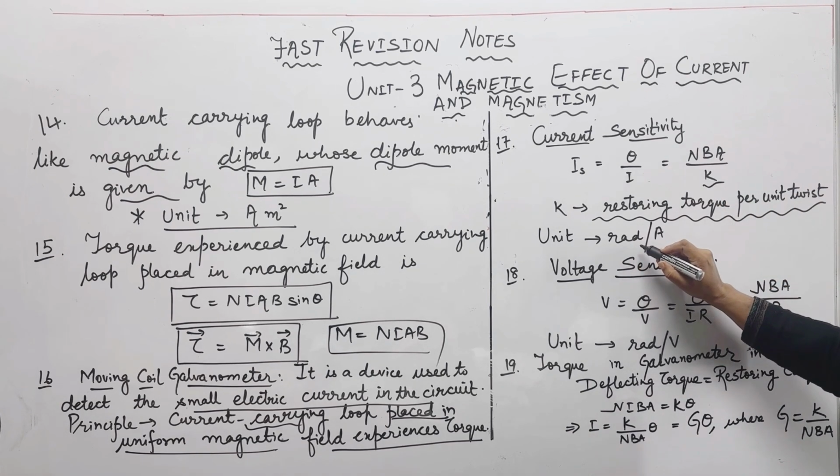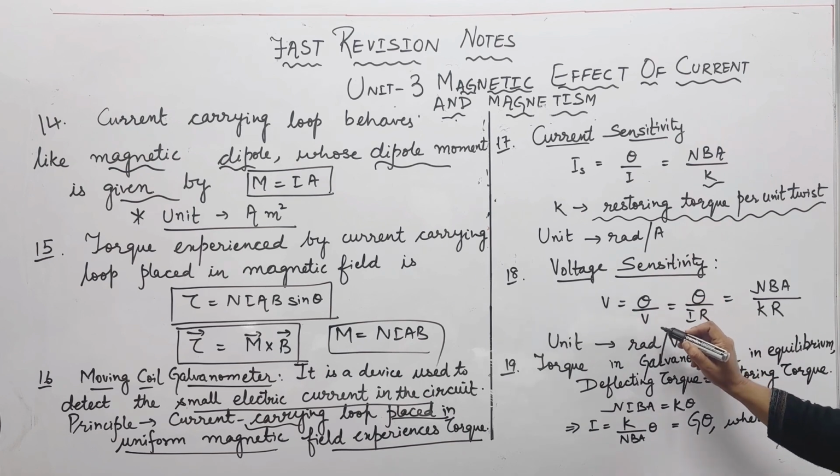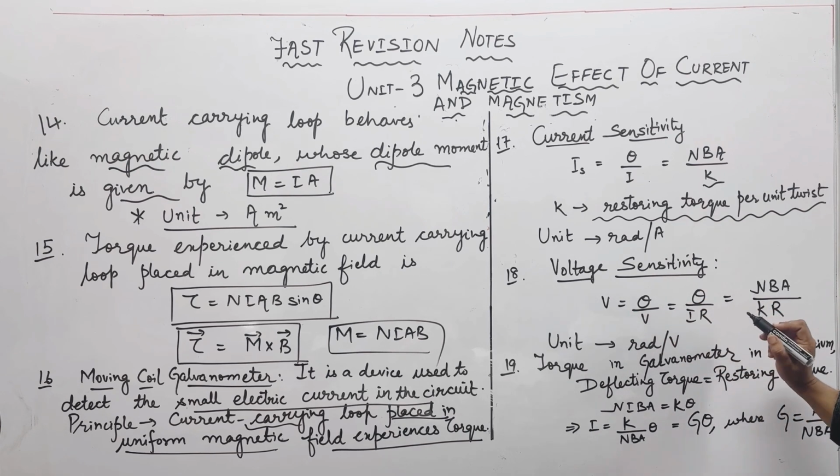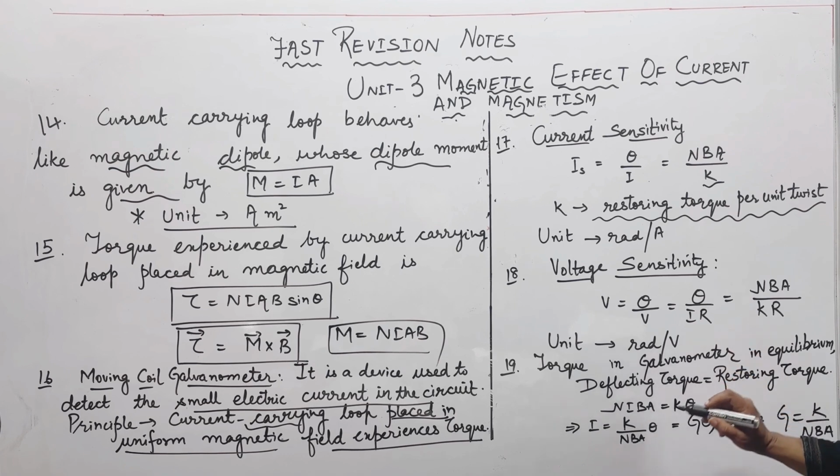The unit of this is radian per ampere. Voltage sensitivity is theta by V. V is equal to IR, that value has been put, and then the I value has been kept here. The unit of this is radians per volt.